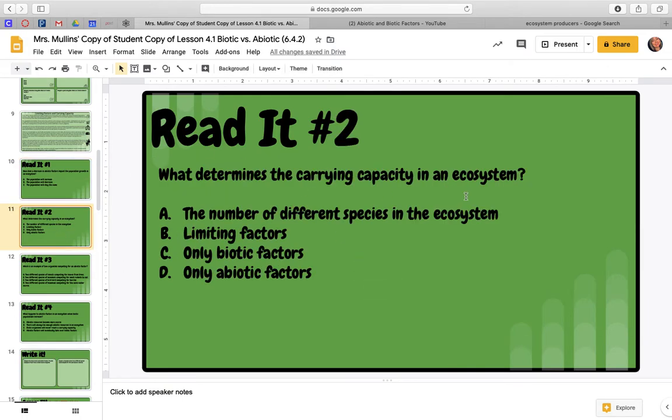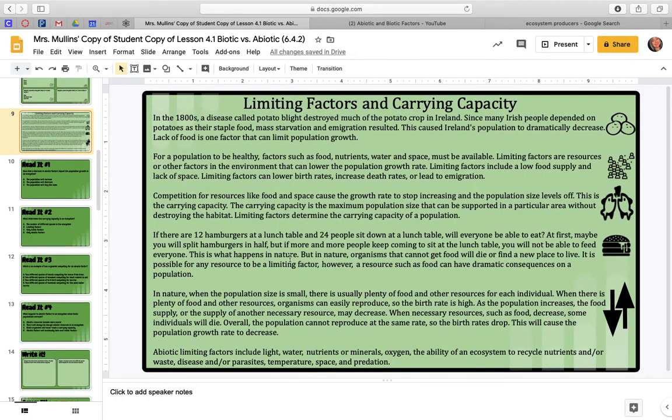So what determines the carrying capacity in an ecosystem? So if we go back here and we're looking for what a carrying capacity is. So competition for resources like food and space cause the growth rate to stop increasing and the population size levels off.